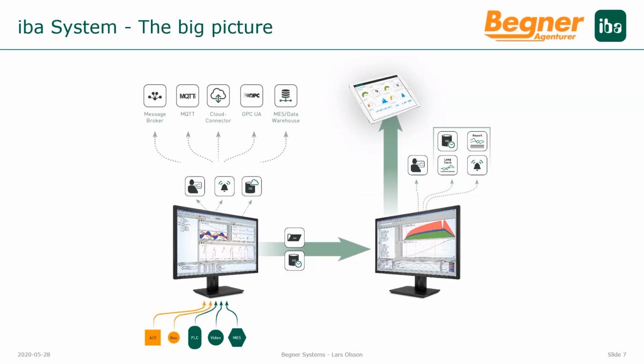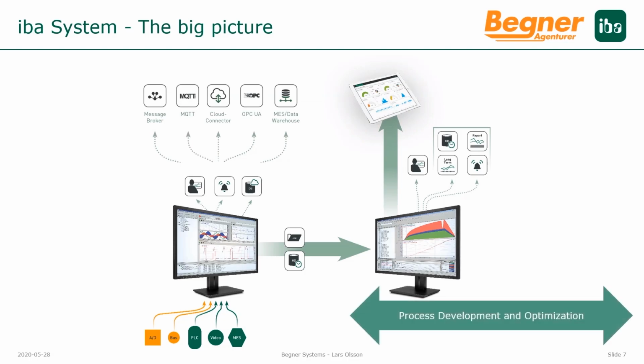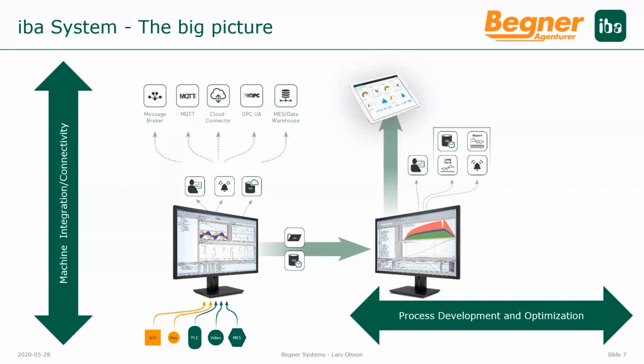We could also enable some alarming and analysis directly from the PDAs. So in terms of process development and optimization, that goes in the width direction of the screen, and for machine connectivity or integration, we use the south to north direction.